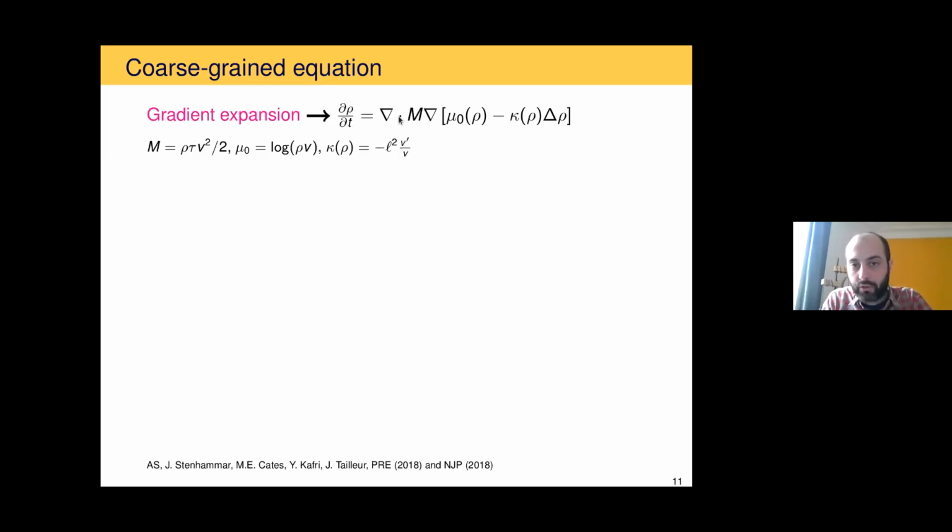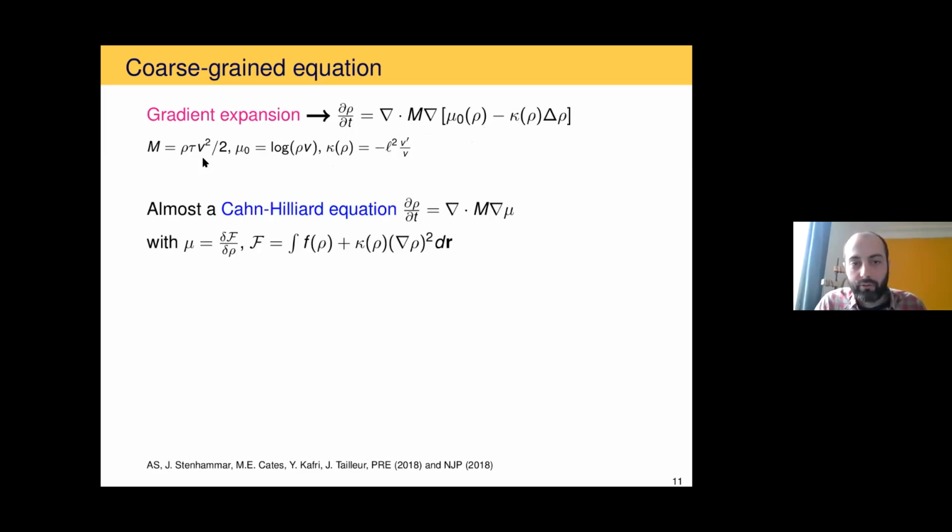It's a conserved quantity, so you have a divergence in front. M is a mobility parameter, and then here you have mu naught, a function that plays the role of a chemical potential, and an interfacial term kappa. And we can relate all these coefficients to the microscopic quantities. You don't need to look at these expressions.